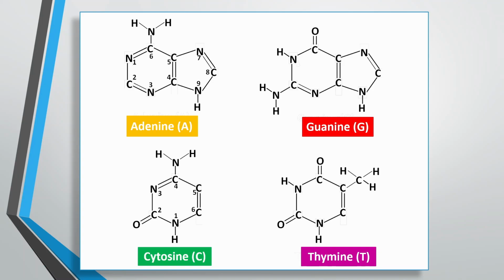Now notice that 2 of them, A and G, have a double ring structure. So I'm talking about that right there and that right there. Same thing here and here, right? They have double ring structures in the A's and G's, while the C's and T's, see, they just got the one. These guys down here, they just have 1 ring structure. And this is significant in the pattern of how DNA is bonded together, which we're going to get to in a moment.